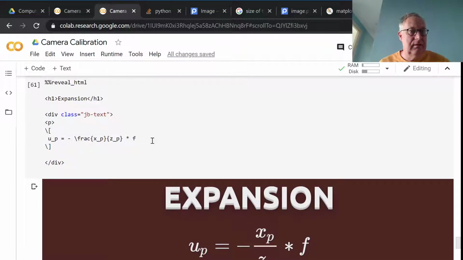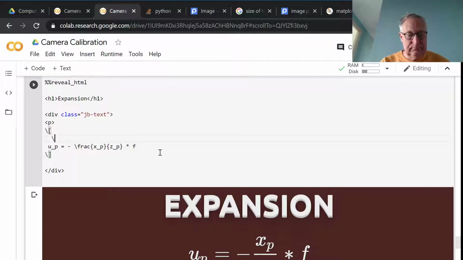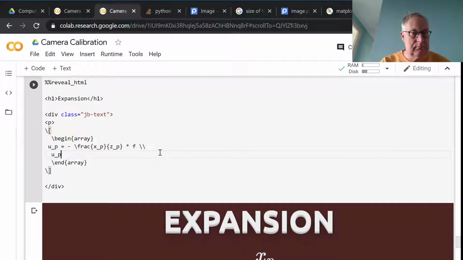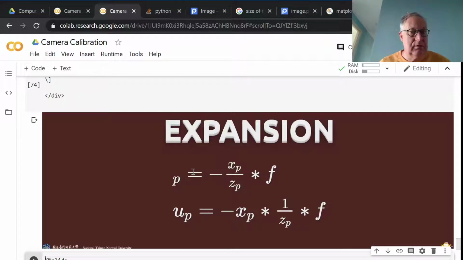I can rewrite that, and just bring out the x coordinate. Sure, that's correct.